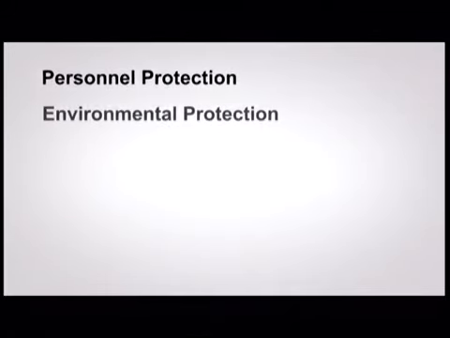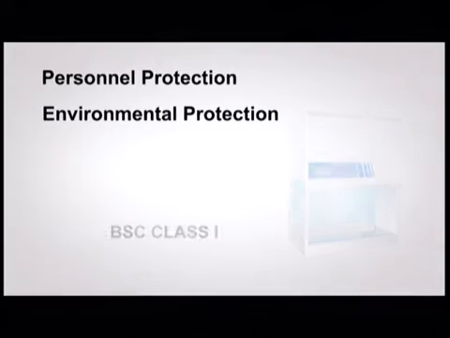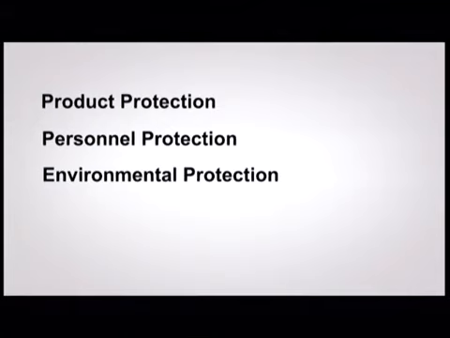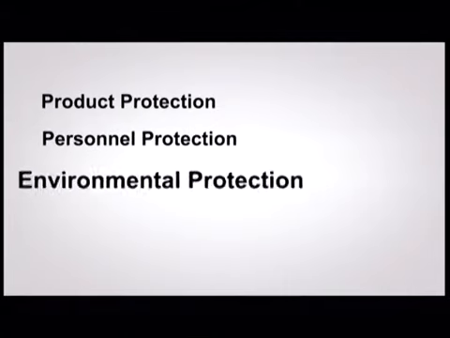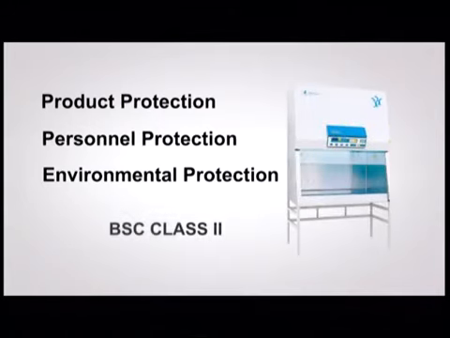If there is a need to protect personnel and the environment, the Class 1 enclosure offers a simple and economical solution. The limitation of the Class 1 cabinet is that it does not provide product protection. To achieve personnel, environmental, and product protection, the most efficient cabinet to use is the Class 2 BSC.